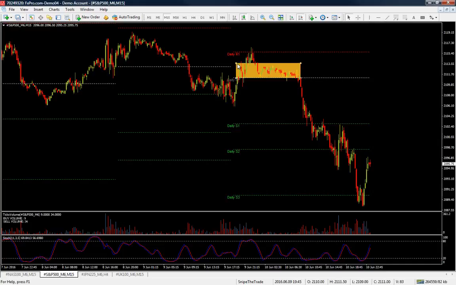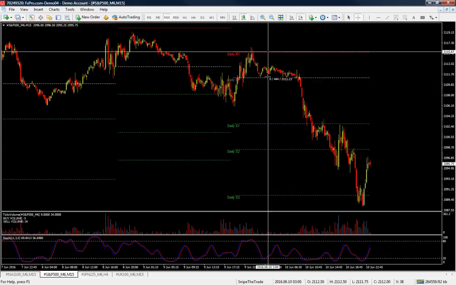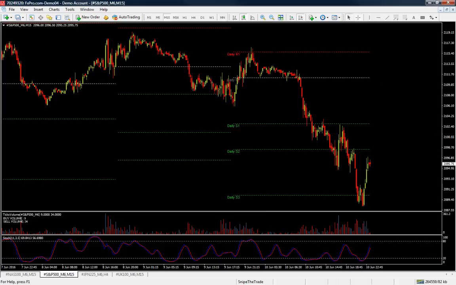All right, I'm going to get rid of this rectangle because I want to show you what happens here. You can see that the daily pivot and the daily resistance 1 are very close together, and this is a very nice 5.5 point range.